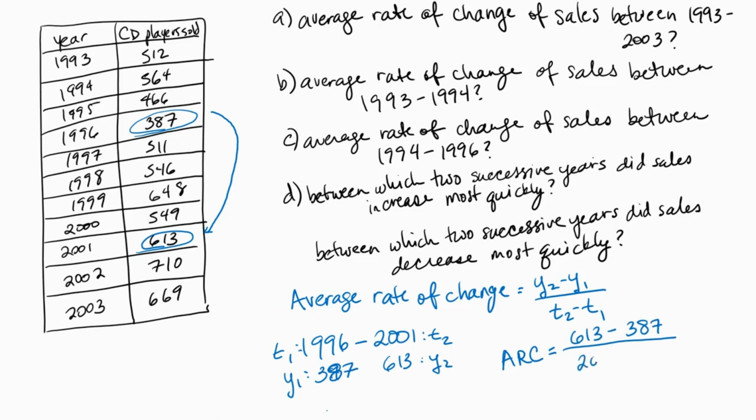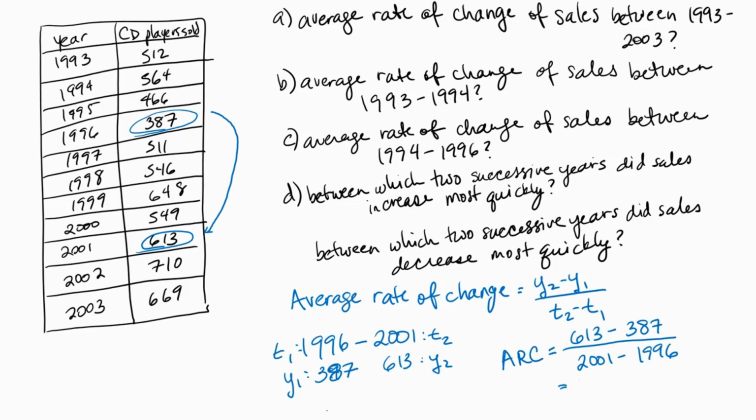T2 is 2001, minus T1, which is 1996. So 613 minus 387. Feel free to use a calculator. You don't have to solve this in your head if you do not want to.